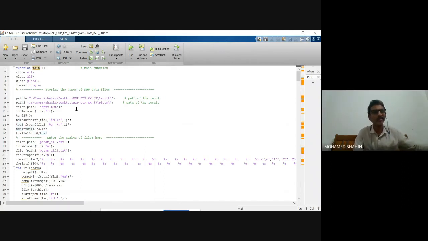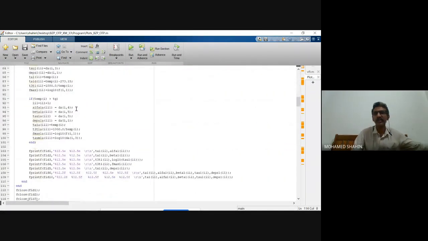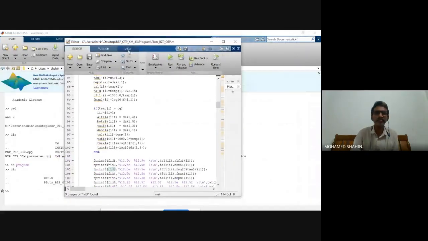That means T cal has been made in Kelvin. Now T cal 1 is the reciprocal of the absolute temperature. Now let us just run this program and see what is happening.